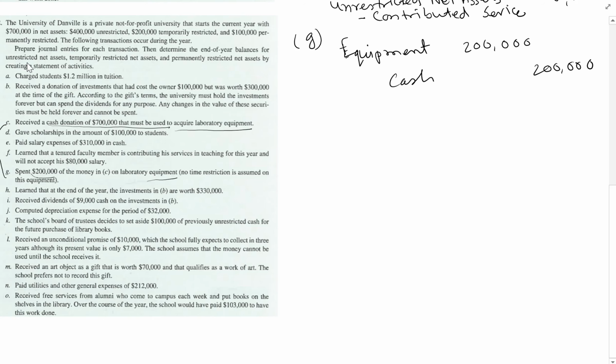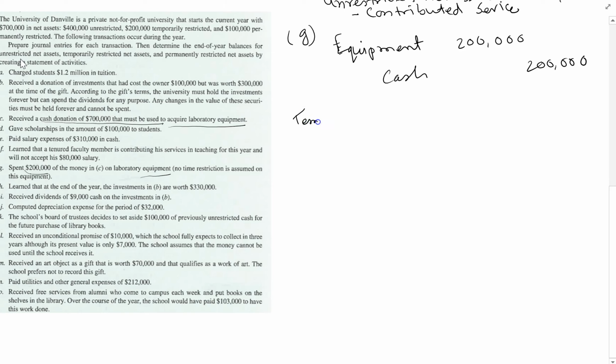So we will actually debit temporarily restricted net assets, and we need to write a little bit about the categories why we are debiting it, because we are taking out a portion of temporarily restricted net assets, which is actually decreasing, so we debited that, and the reason is for reclassification.